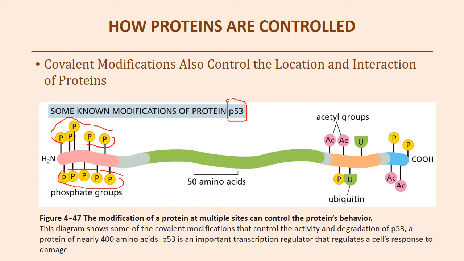So within our P53 model, as we can see right here, the phosphate molecules are going to alter or modify its appearance, because they're going to create what we refer to as docking sites. And these docking sites are going to make it easier for other molecules to bind to our original protein.